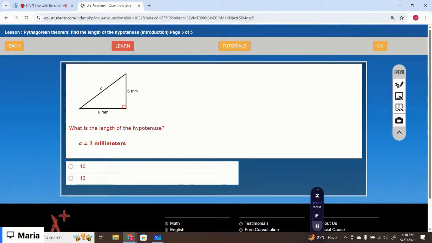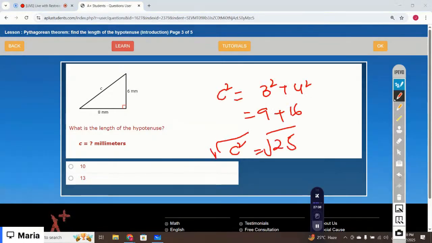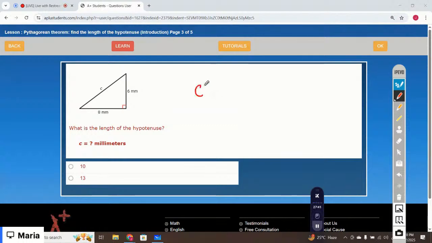What is the length of the hypotenuse? C square equals 8 square plus 6 square. 8 square is 64, 6 square is 36.